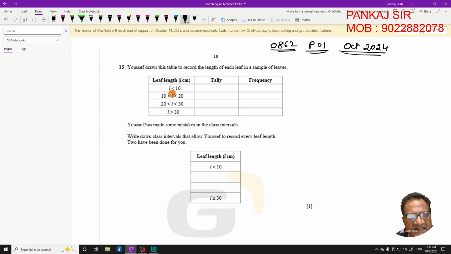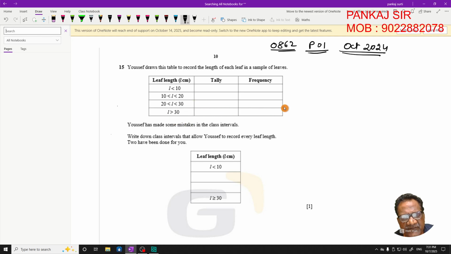The first is L less than 10, which he has kept as L less than 10, so there was no mistake there. And L greater than 30, he has made L greater than or equal to 30. These 2 corrections are already done by Yusuf, so the rest of the things you have to see.